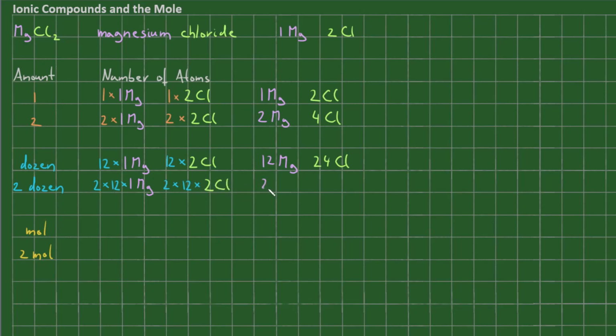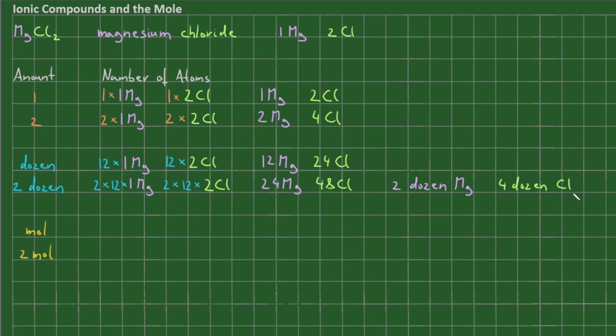This will result in 24 magnesium atoms and 48 chlorine atoms, because 2 multiplied by 12 is 24, multiplied by 2 is 48. Alternatively, I could also say that I have 2 dozen of magnesium atoms and 4 dozen of chlorine atoms. Remember, dozen stands for 12. So 48 is same as 4 12s or 4 dozen chlorine atoms.